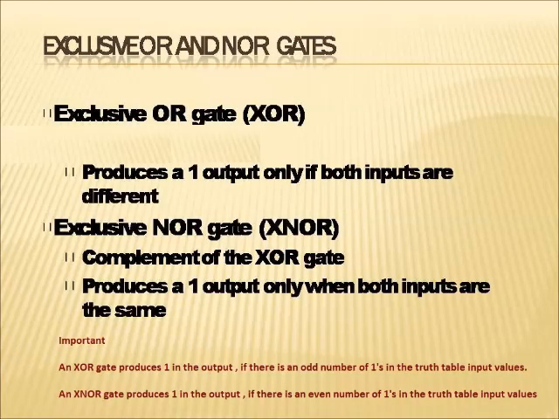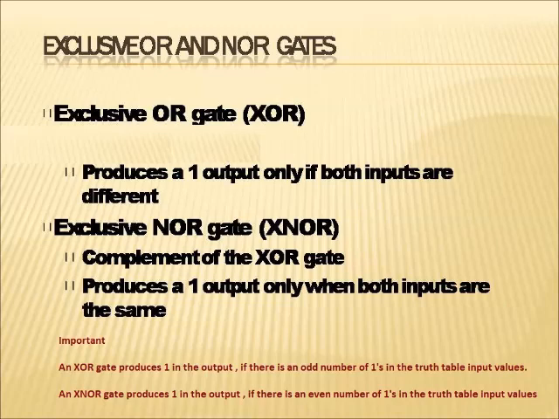So the next combinational circuit or the next logic gates are exclusive OR and exclusive NOR gates.